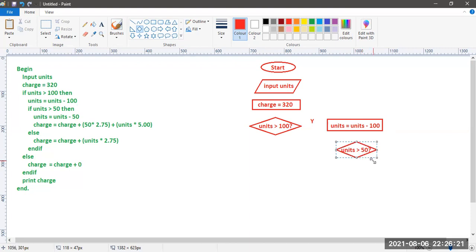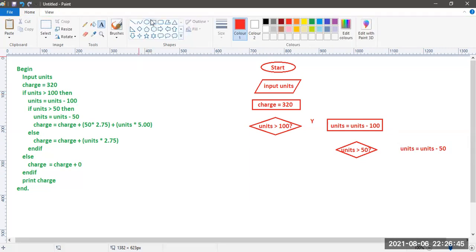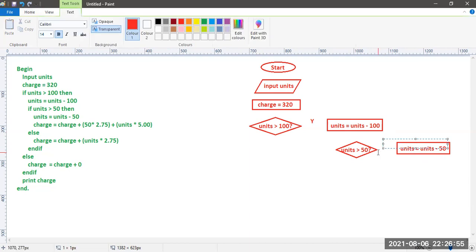Right, so units are greater than 50. If this was yes, I would say units equals units minus 50, and that is going to come in a process. This happens when this becomes yes. Still doing the yes part.